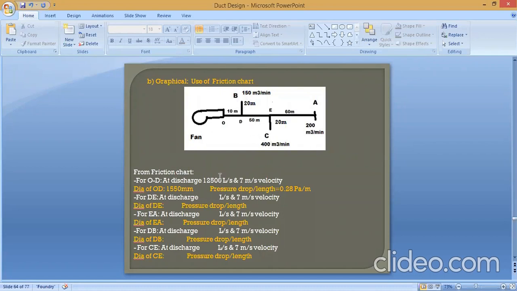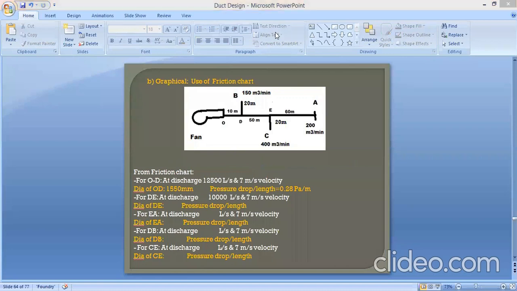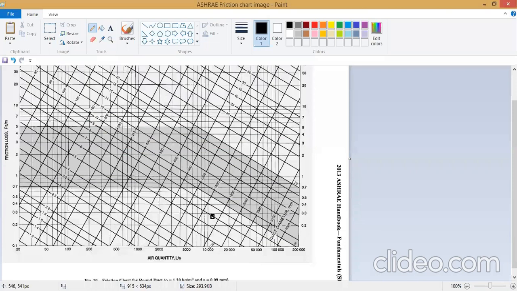Converting 600 meter cube per minute into liters per second, 600 into 1000 divided by 60, that comes to be 10,000 liters per second, and velocity 7 meter per second. So again I will plot it: 10,000 and 7 meter per second is here.